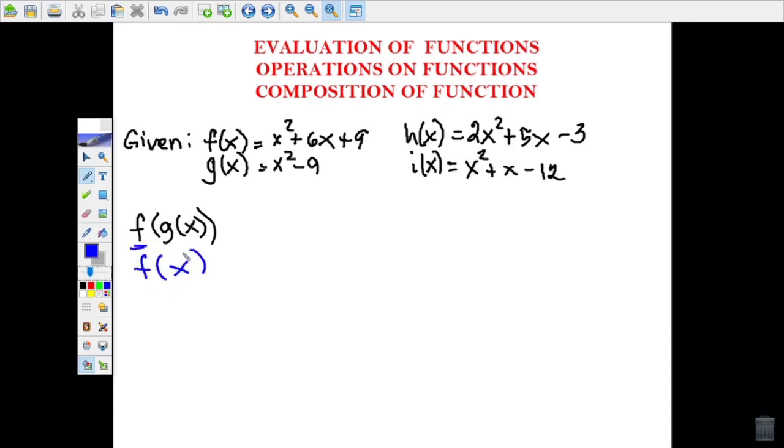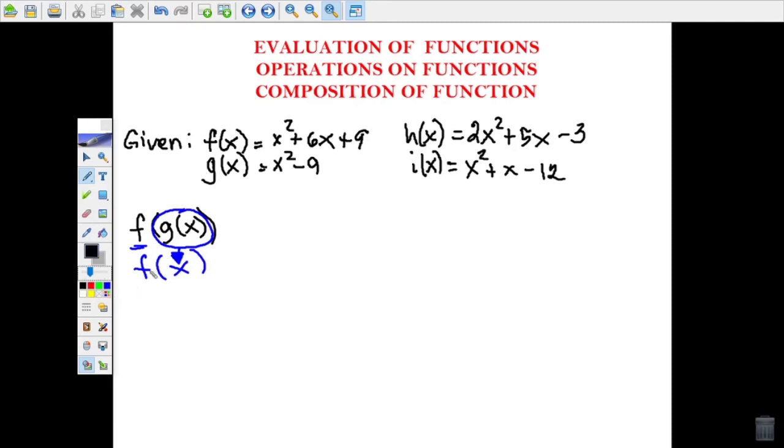But this time, si g of x mo, yung buo mong x. Kasi f of g of x, kung f of x yan, ano yung x ni f? Edi yung buong g of x. So, kaya nga siya composition of function, ilalagay mo yung isang function sa isang function. Parang ayun yung ibig sabihin nun.